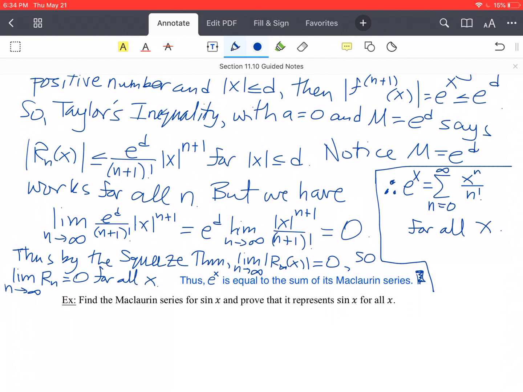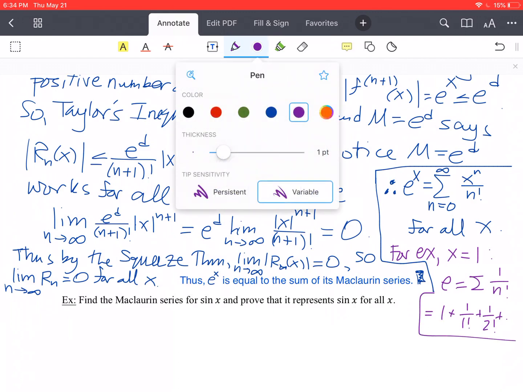So for example, if x was 1, that would give us e equals the sum of 1 over n factorial, which is 1 plus 1 over 1 factorial plus 1 over 2 factorial plus 1 over 3 factorial, etc., etc. And that would give us a value that approximates e, right?